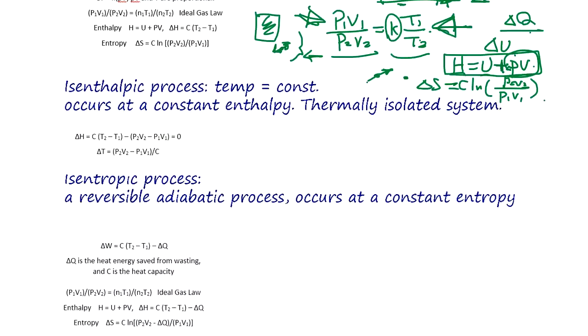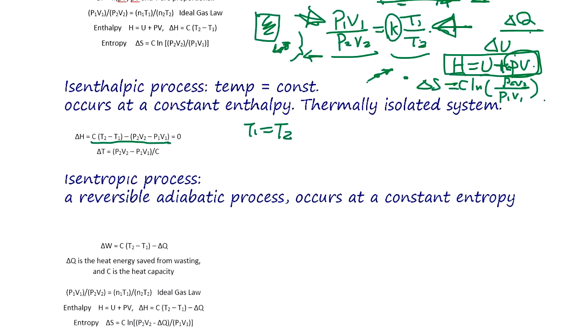So next one is isothalpic process. It means we make the temperature constant. So in this equation, the enthalpy change becomes 0 because T1 equals T2.